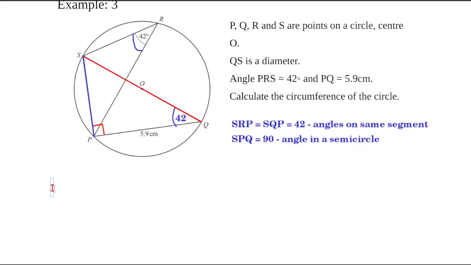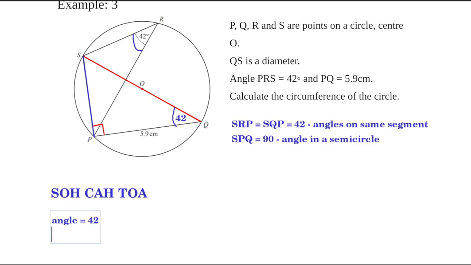Let's identify the stuff that is given there. In the triangle, we have an angle there. What's the angle? 42 degrees.